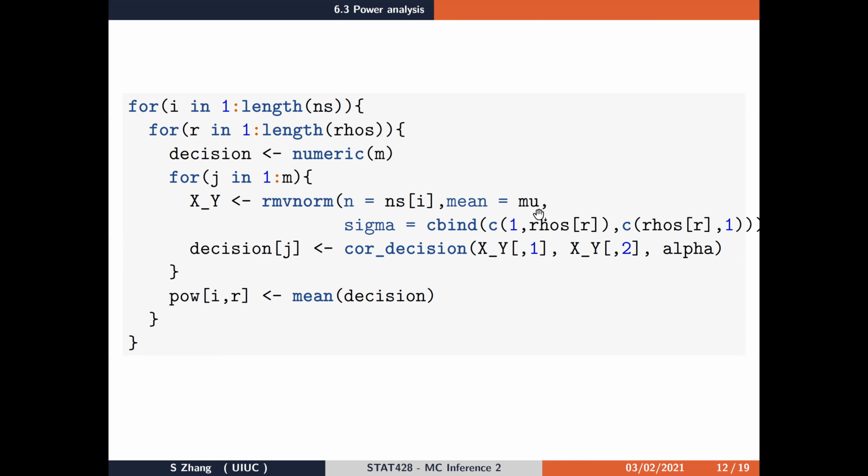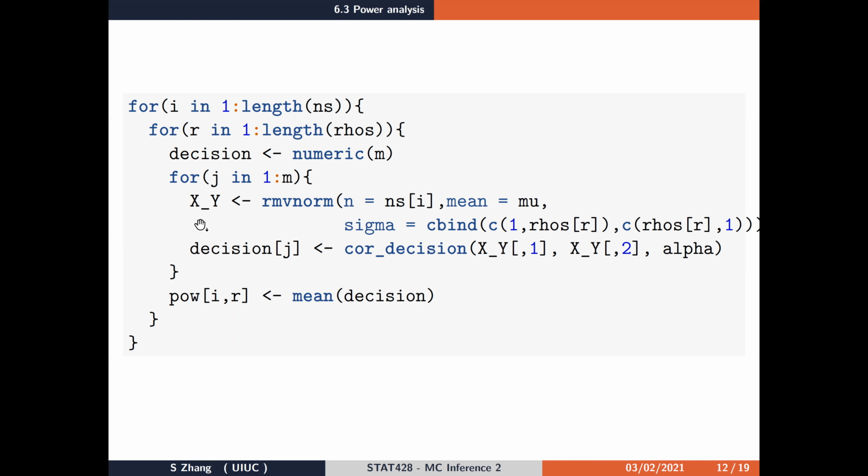The mean is given by mu, and the covariance is given by the matrix where the diagonals are equal to 1, indicating that x and y both have a marginal standard deviation of 1. And the off-diagonals, which is the correlation between x and y, is given by the rth entry of the rho vector.